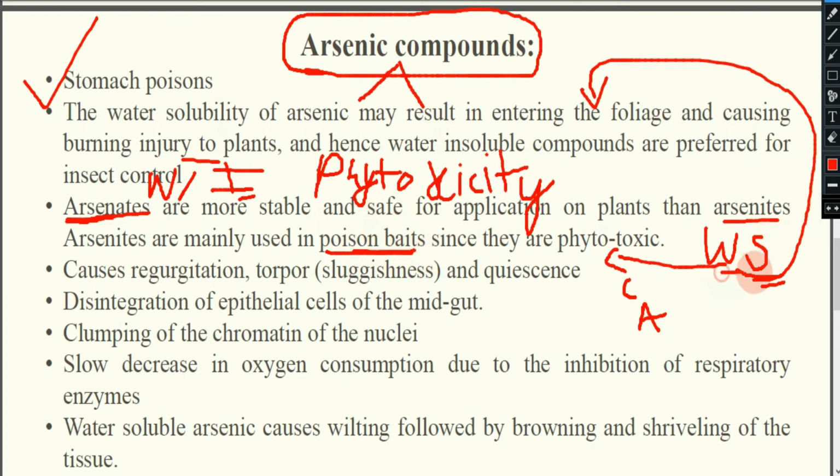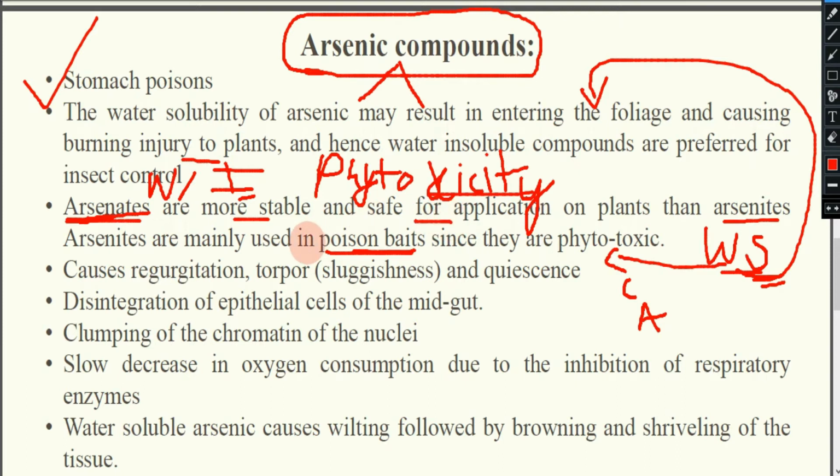You do not have to apply on the plant surface. That is their use. Due to their phytotoxicity, arsenite should not be applied over the plants. They should be applied in the poison bait. But arsenates are more stable and safe for application.